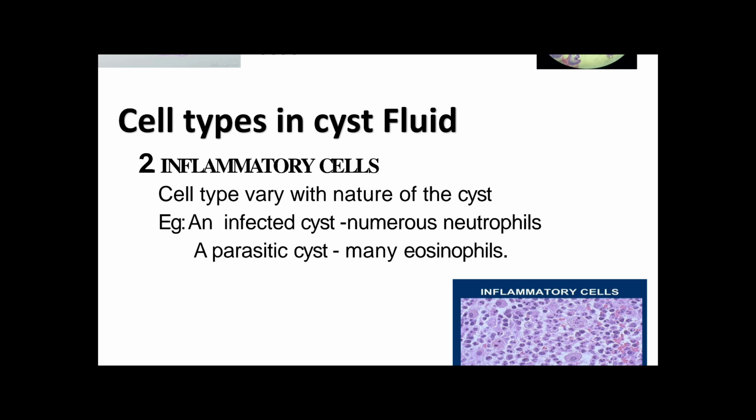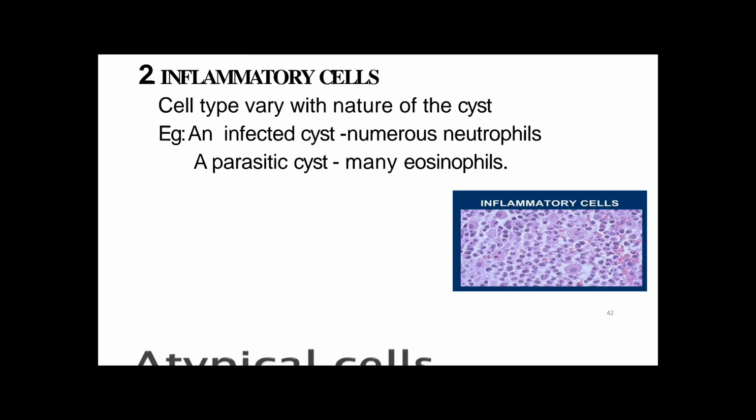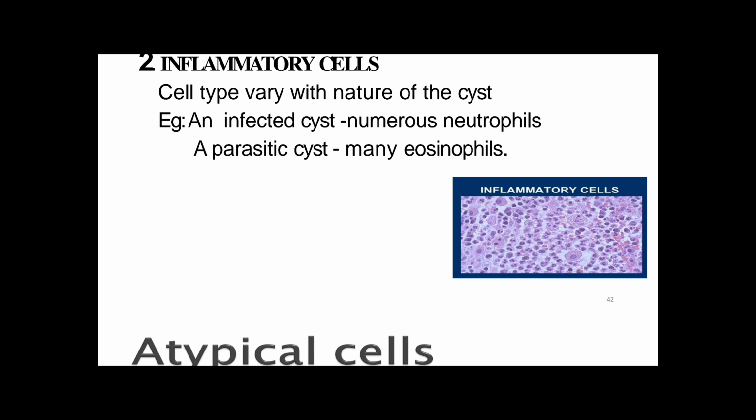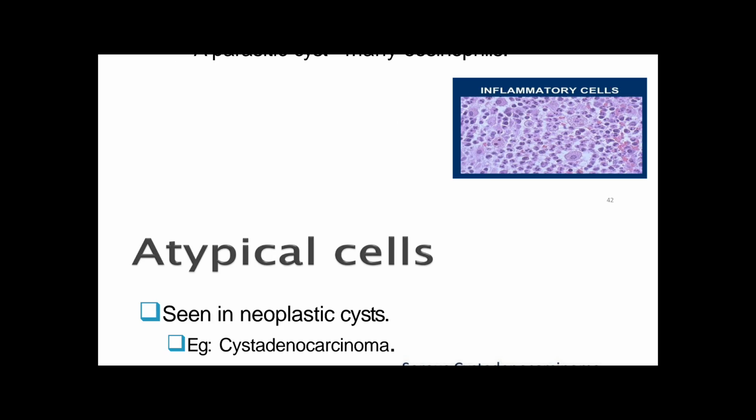At the same time, sometimes in a viral cyst, it contains lymphocytes. So according to the inflammation, the inflammatory cell may be either neutrophil, eosinophil, or lymphocytes. These are normally present, but atypical cells mean this is due to cancer, right?